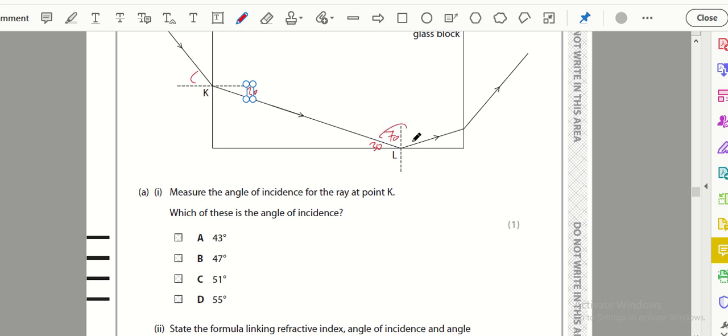So the angle of incidence on this interface will be 70, which is greater than the critical angle, which we have just calculated and found that it is 41. So as the angle of incidence is greater than C, the ray will be totally internally reflected inside the glass.